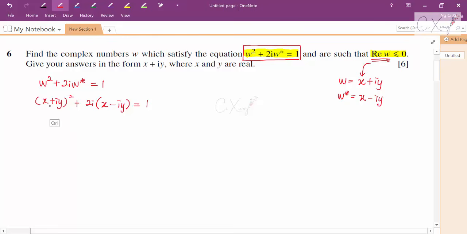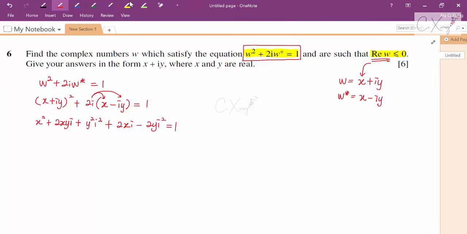We need to expand this bracket. When we expand it, we have x squared plus 2xyi plus y squared with i squared. For this part, you multiply the 2i into the x and also the y. We have 2xi minus 2y with i squared, and it equals 1.